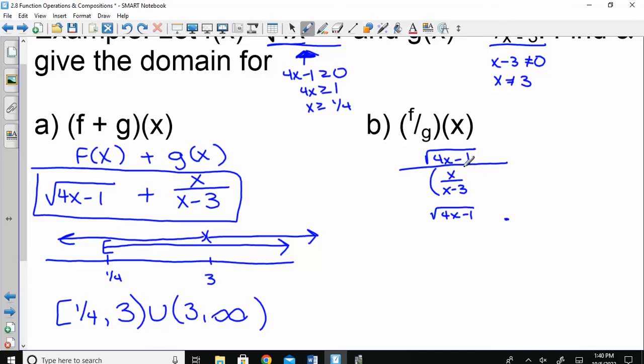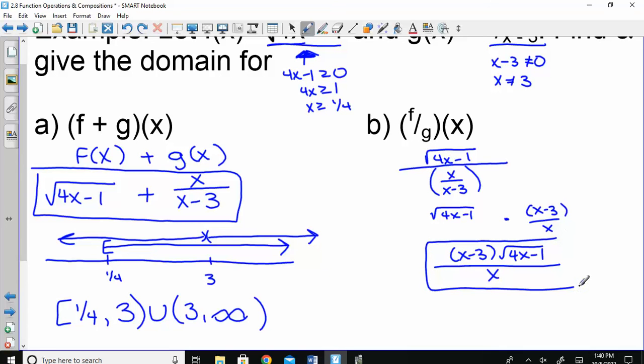So we take it times, and we're going to flip this one. Or were you meaning multiply by x minus 3 on top and bottom? Yeah, that would work too. So we get an x minus 3 times the square root of 4x minus 1 over x. Okay, it's not pretty. We don't really have to multiply this out. It's not going to help us. This is as far as we can go.